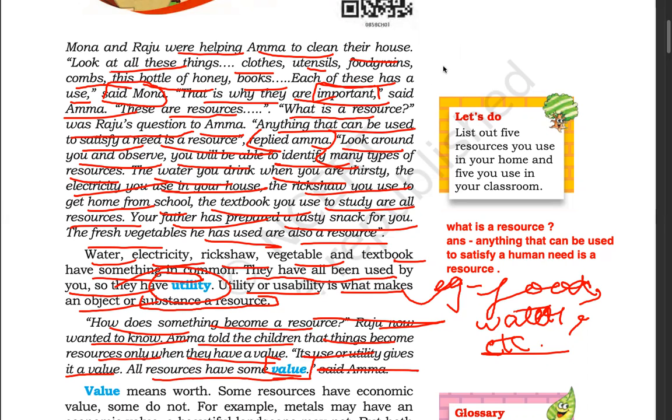So basically, guys, value is being formed by two things. Like, value is being formed by what? Resources. You can write this over there, okay?